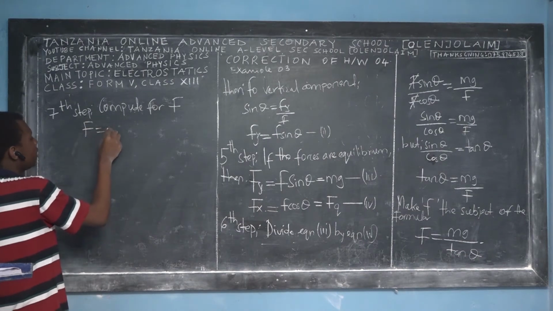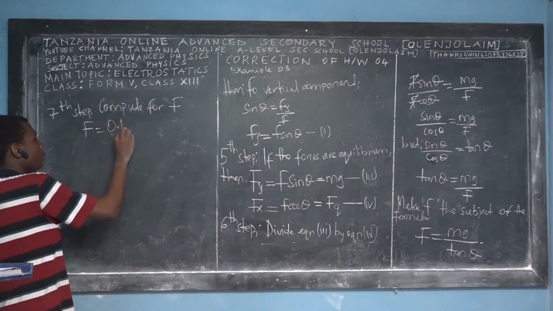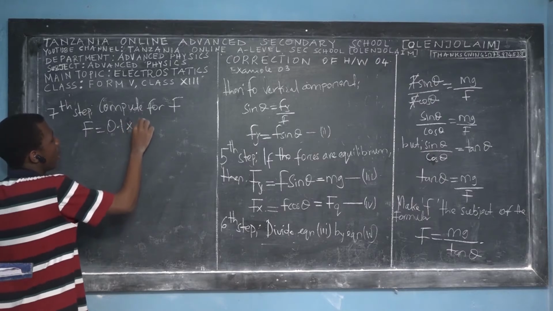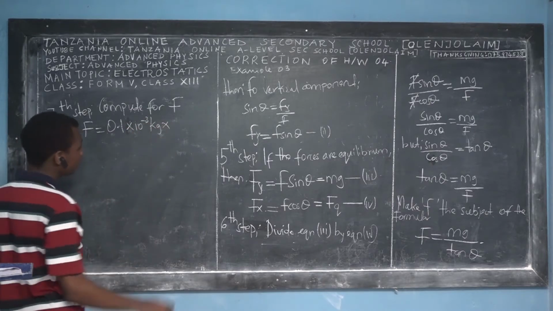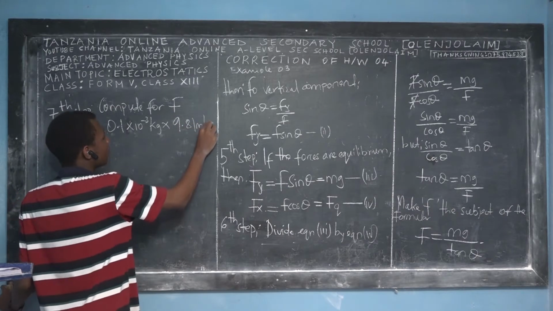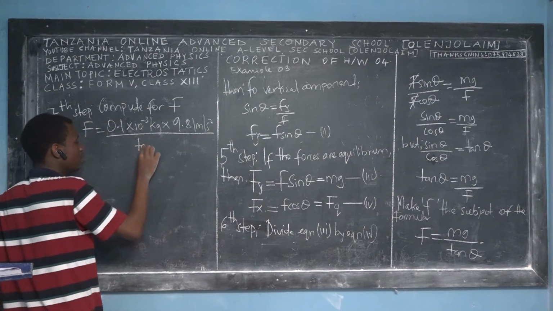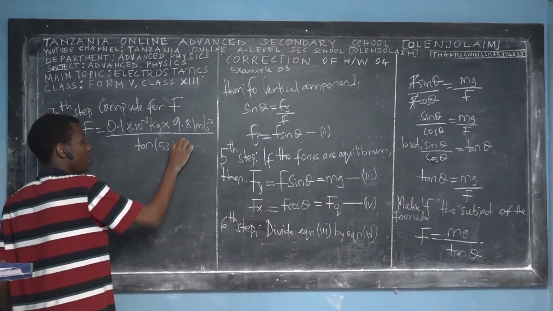The mass we are given is 0.1 gram, which is equal to 0.1 exponent negative 3 kilogram times acceleration due to gravity, which is 9.8 meter per second square, over tangent of 53.13 degree.